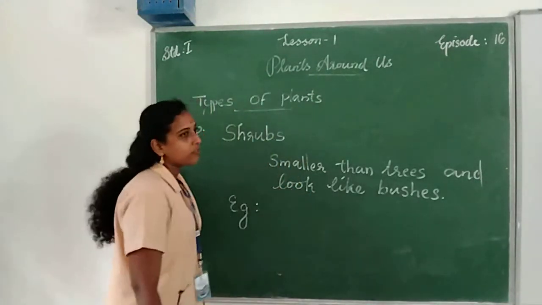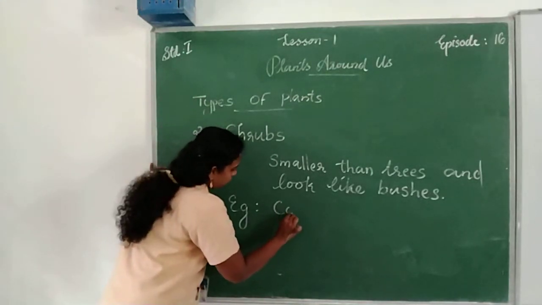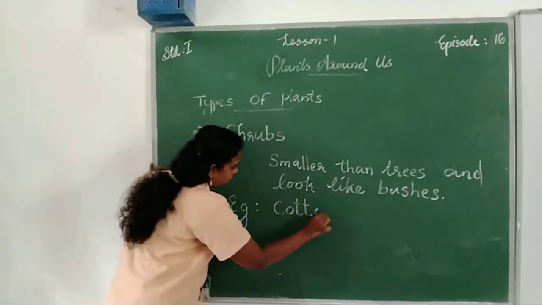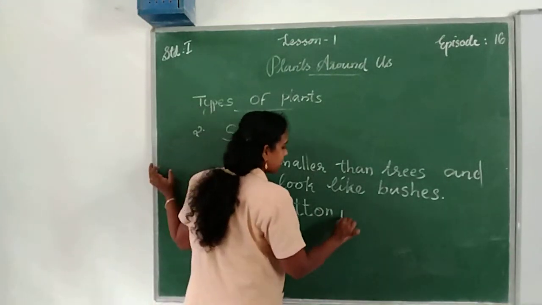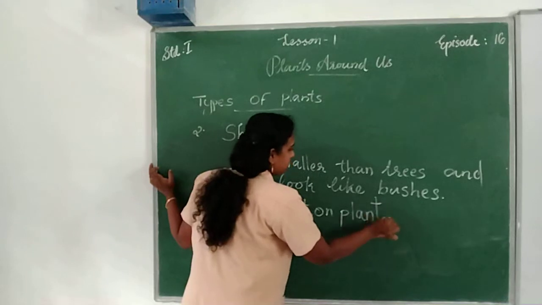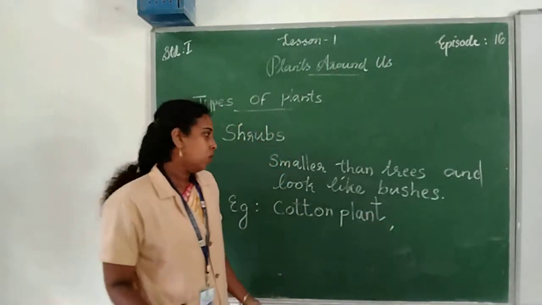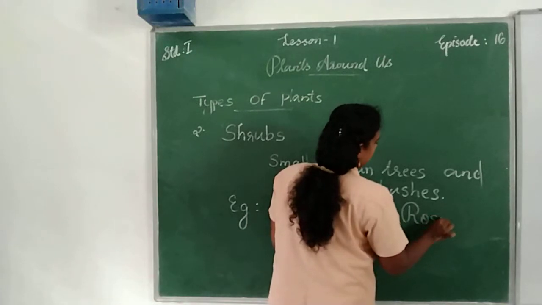What is the spelling of the word cotton plant? C-O-T-T-O-N, cotton; P-L-A-N-T, plant. One more example is rose, R-O-S-E.